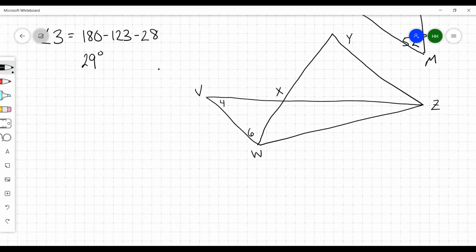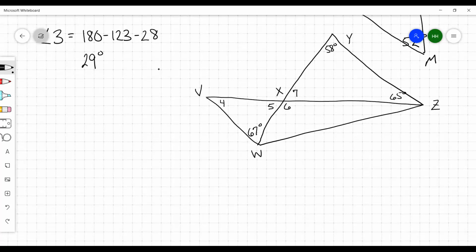Then we got a 67 degree angle, and we got an angle 5, an angle 6, and an angle 7. Angle Y up here is 58 degrees, and to the right of it is 65 degrees.